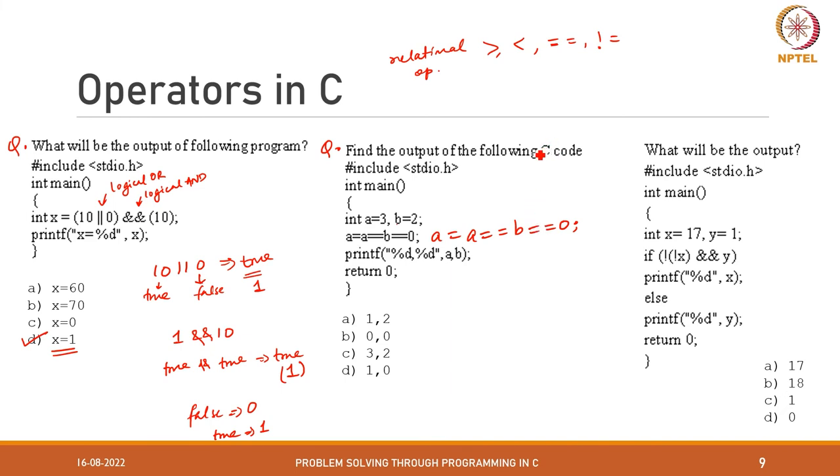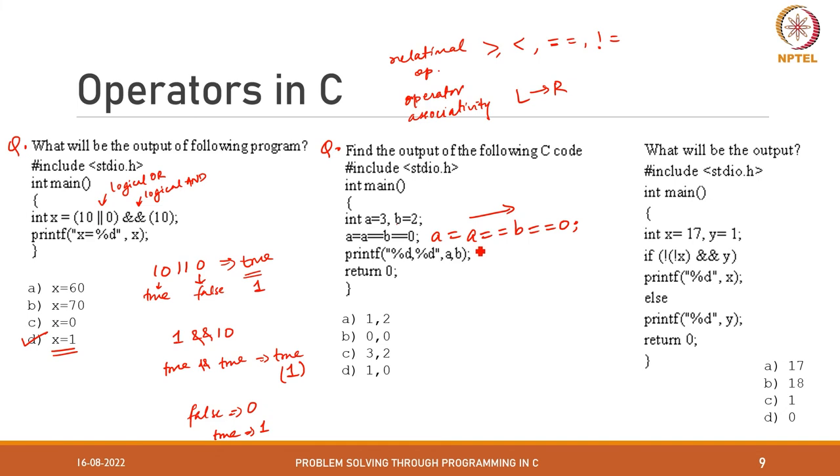Now operator associativity for relational operators is from left to right. So because we have operators of the same precedence here, we'll evaluate from the left to the right.